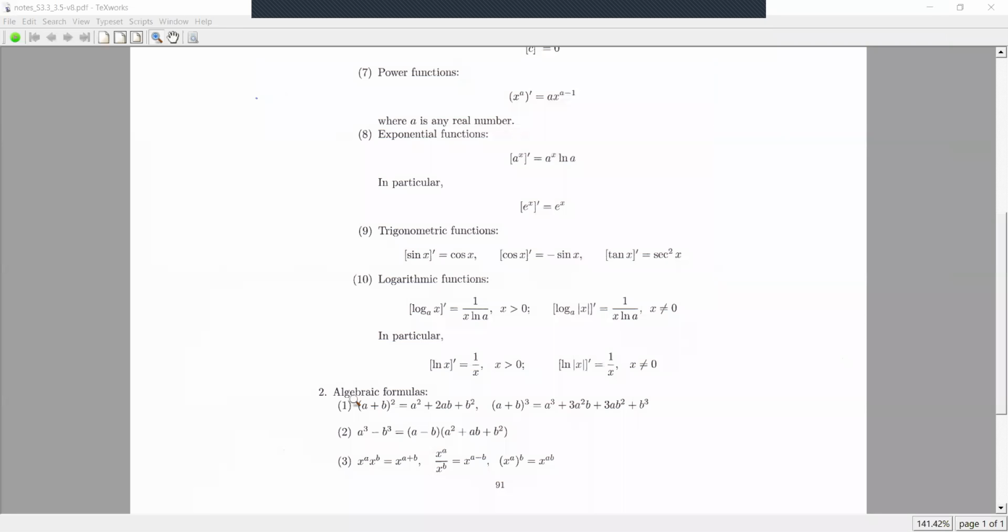Here are some basic algebraic formulas that we often use. For example, (a plus b) squared is a squared plus 2ab plus b squared. A to the third minus b to the third can be factored into (a minus b) times (a squared plus ab plus b squared).